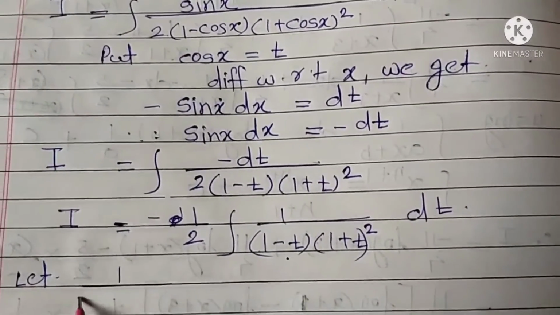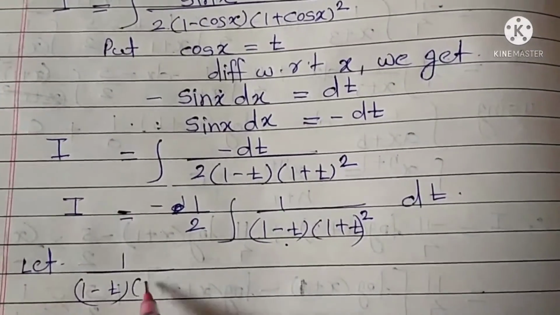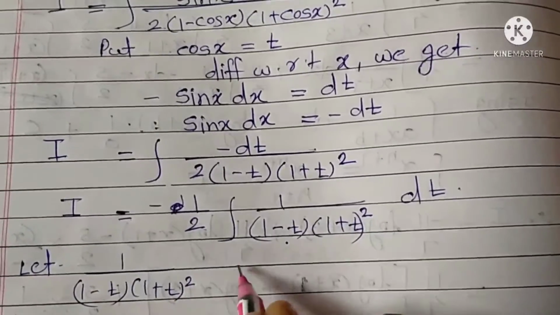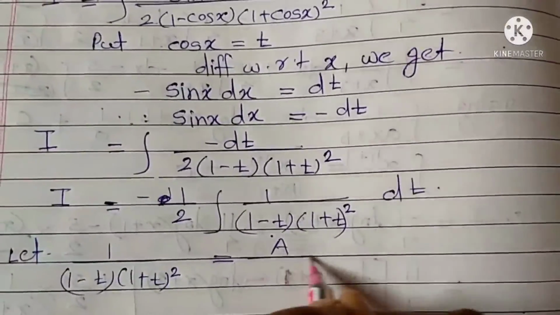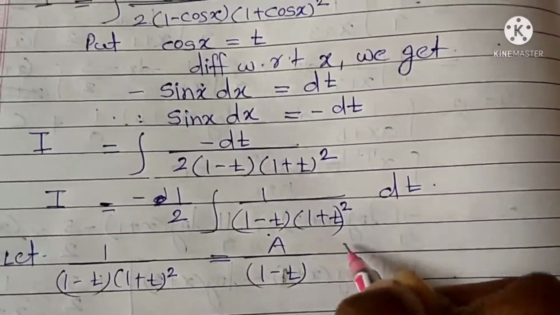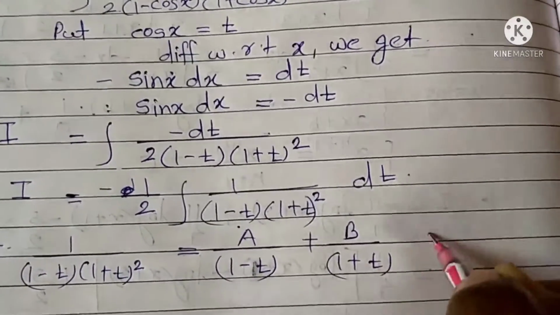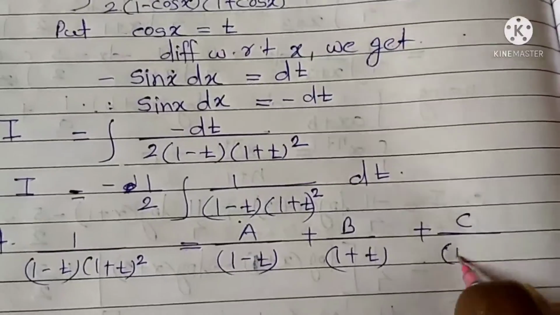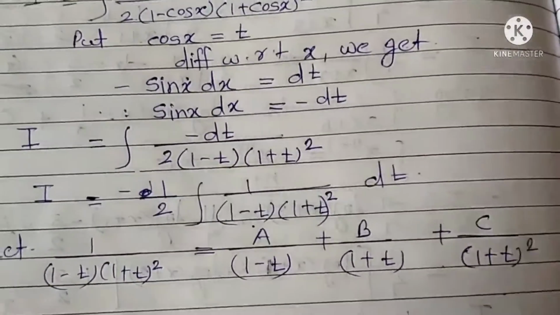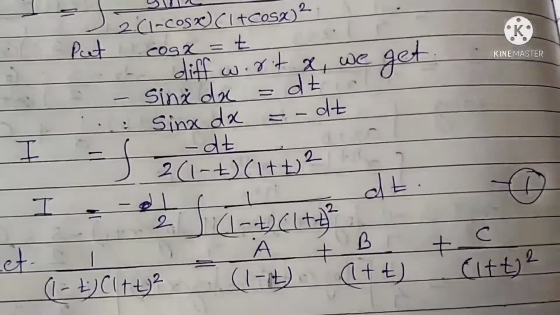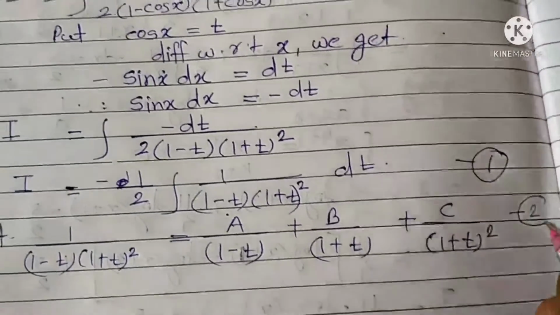So let 1 upon (1 - t)(1 + t) whole square be equal to A upon (1 - t) plus B upon (1 + t) plus C upon (1 + t) square. This is equation first, this is equation second.